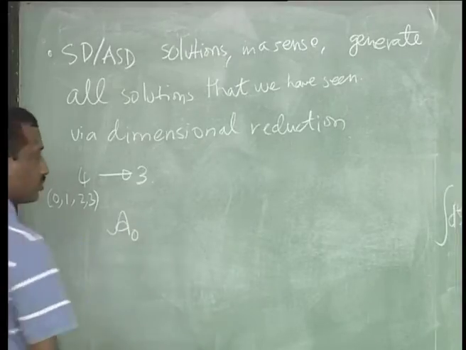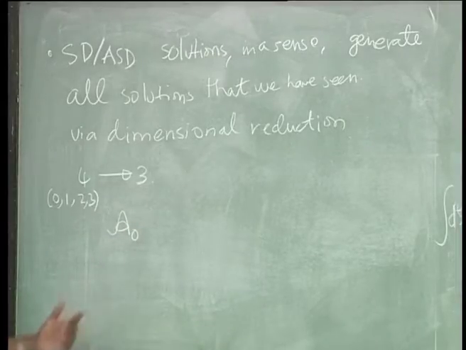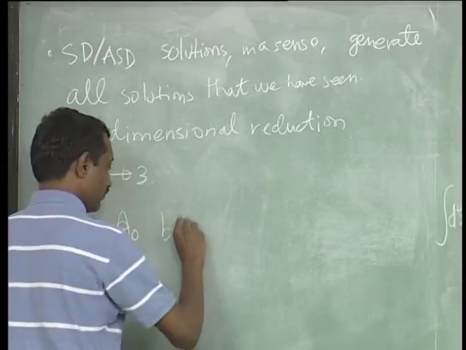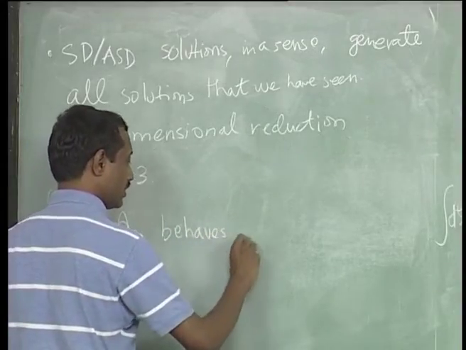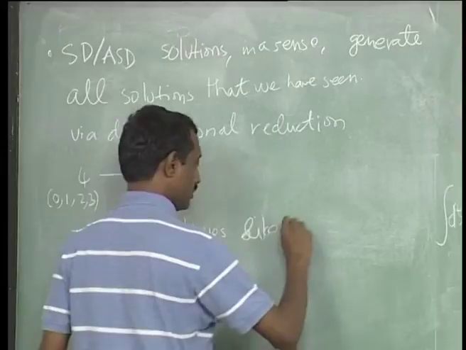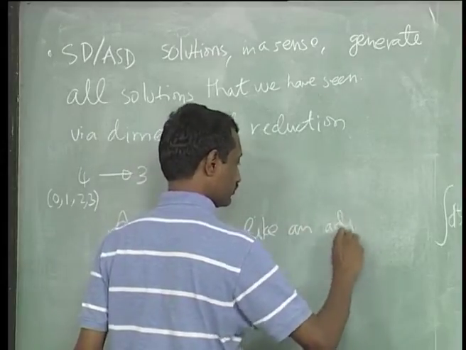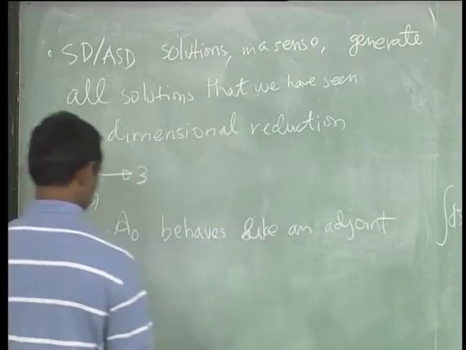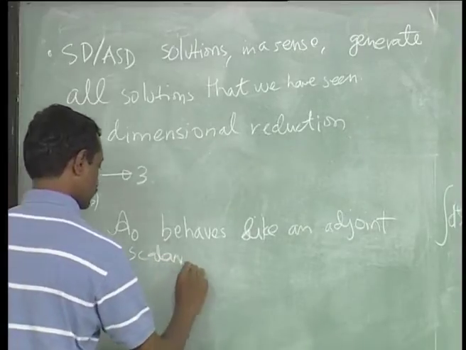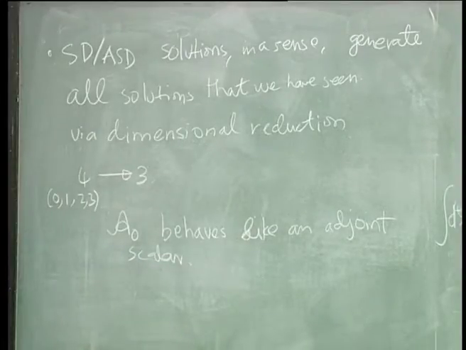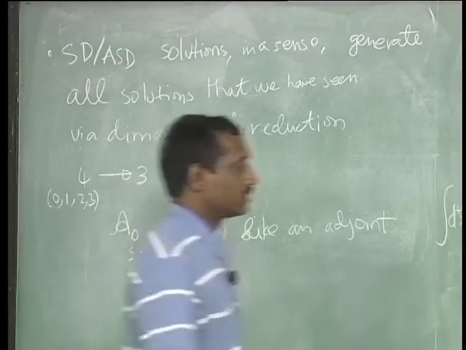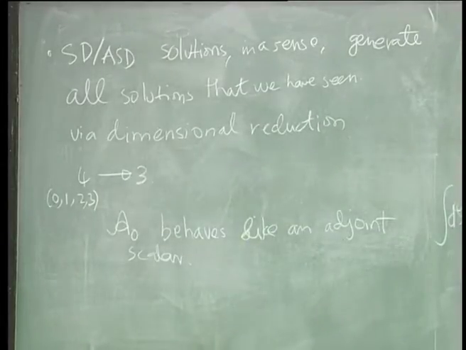And so this A0 behaves like an adjoint scalar. Let us look at the self duality equations and choose mu to be 0.